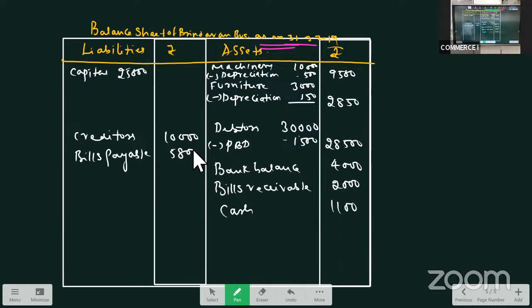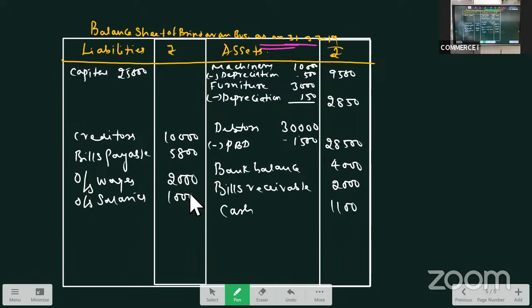Now what is left? We have to give effect to adjustment entries. So what is the first adjustment entry you see? Outstanding wages. Outstanding expense. Any outstanding expense is a liability. So outstanding wages again will appear here, 2,000. Then outstanding salaries, 1,000.